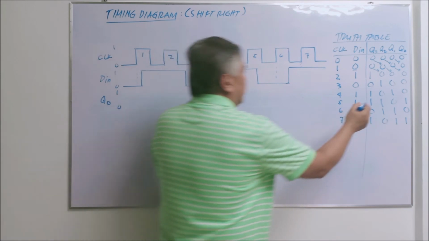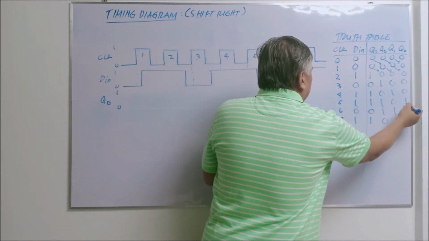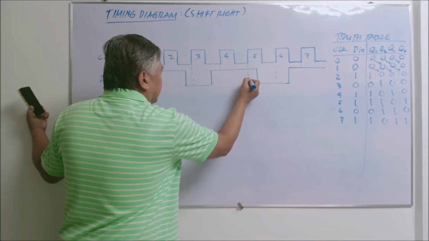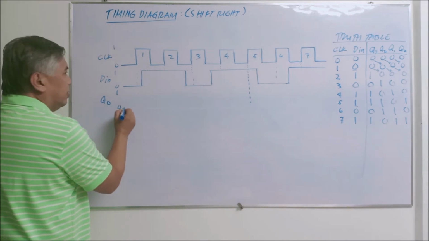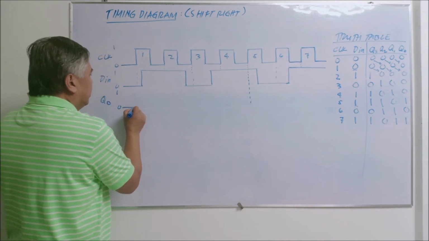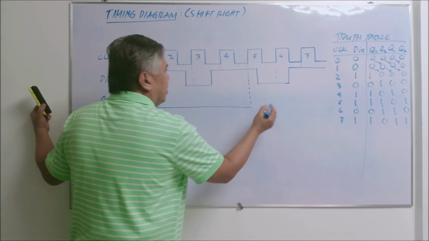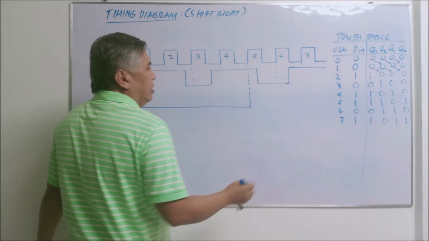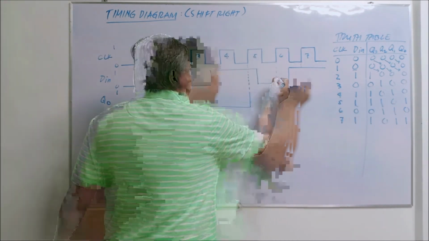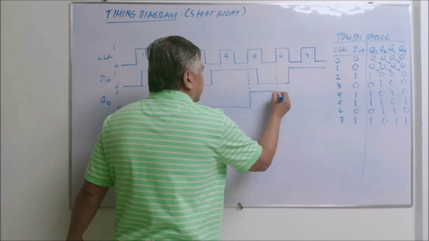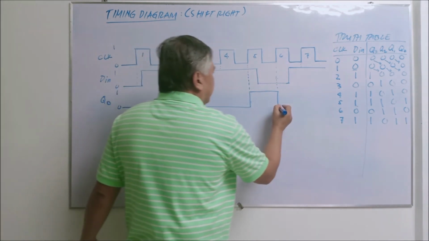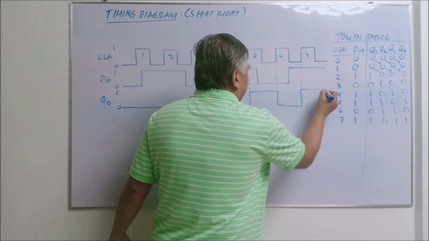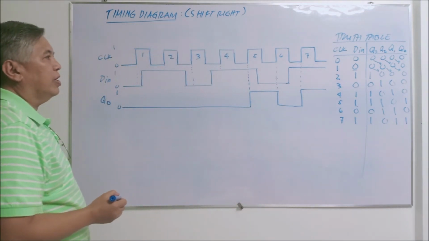So again, it will move to 1 during the 5th positive triggering of the clock, and that is this one here. So we start at 0 here because our initial is 0, 0, and then during the 5th positive triggering of the clock, it becomes 1. Okay? Then on the 6th positive triggering of the clock, which is this one here, it becomes 0. And then on the 7th positive triggering, again it becomes 1. So that will be your Q sub 0.